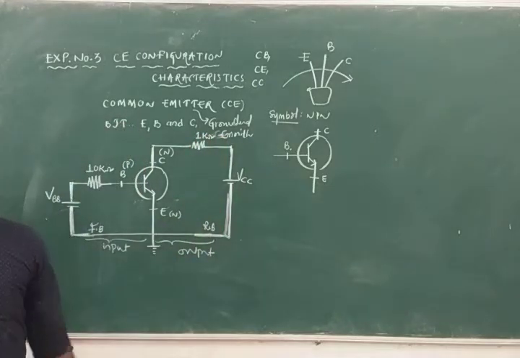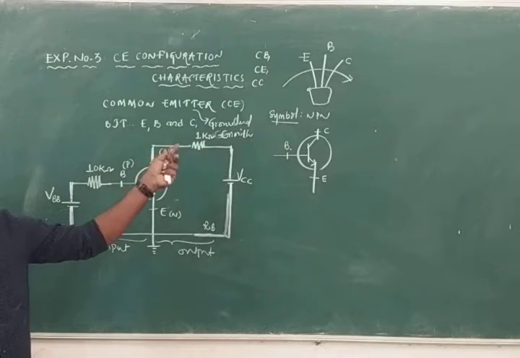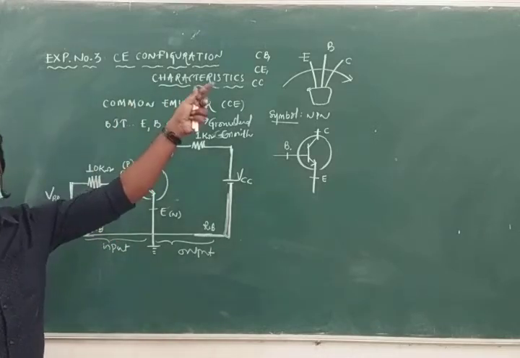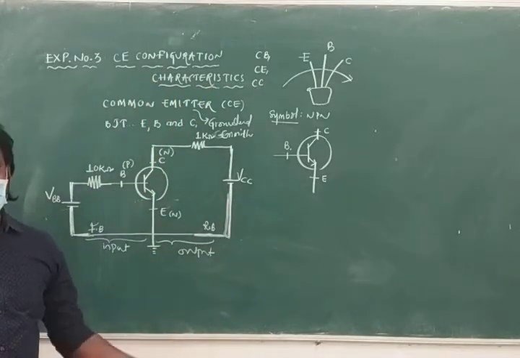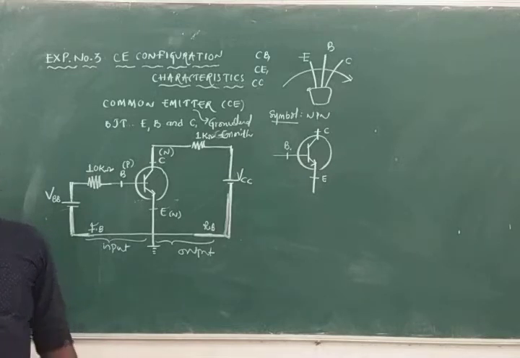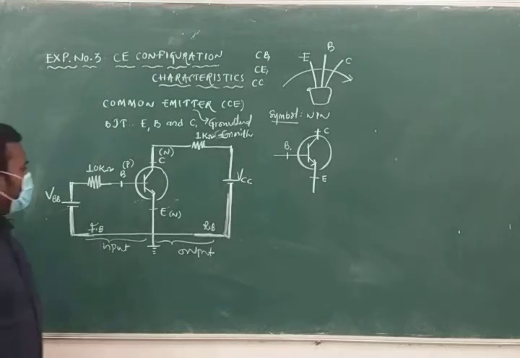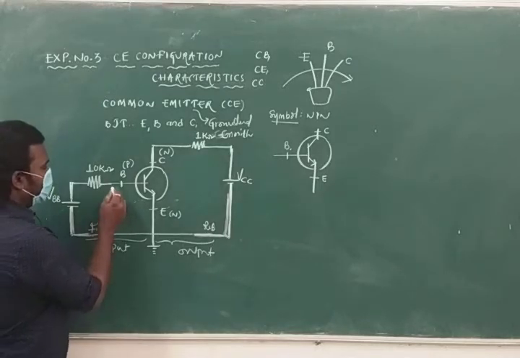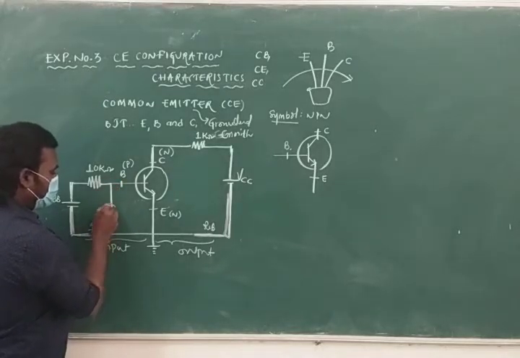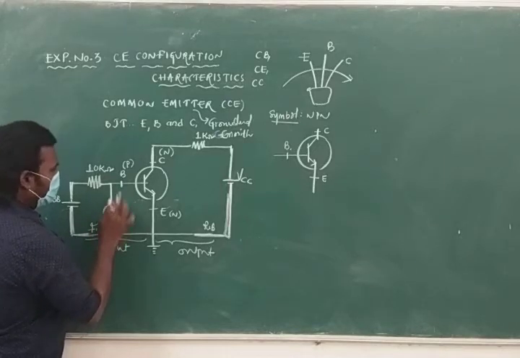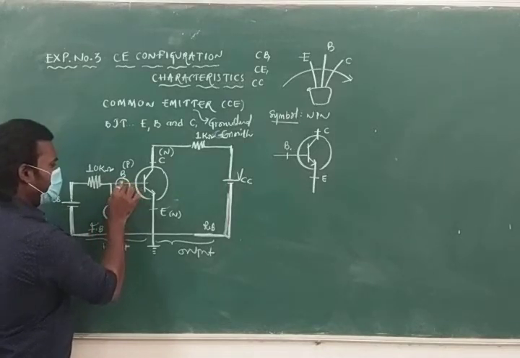So what do we have to observe actually? VI characteristics of common emitter configuration, voltage and current we require, but no voltage and no currents are mentioned here. So what do we have to do? We have to connect one voltmeter here, and one ammeter here.